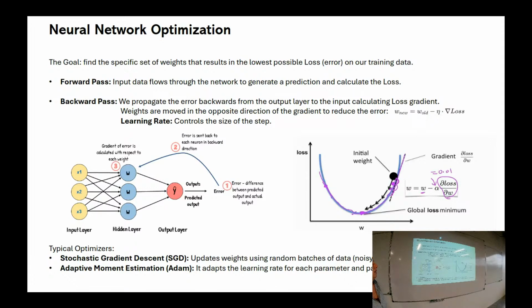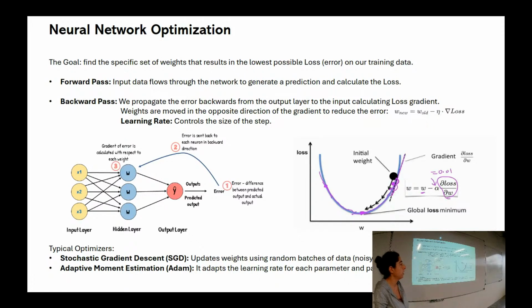Okay, so let's go a little bit more into this. So the loss gradient, what is it? Basically, the loss gradient is how much the loss changes when you change your parameters. Okay? So what you want is to change your parameters in the opposite direction of the gradient. You want to go back and minimize the loss.